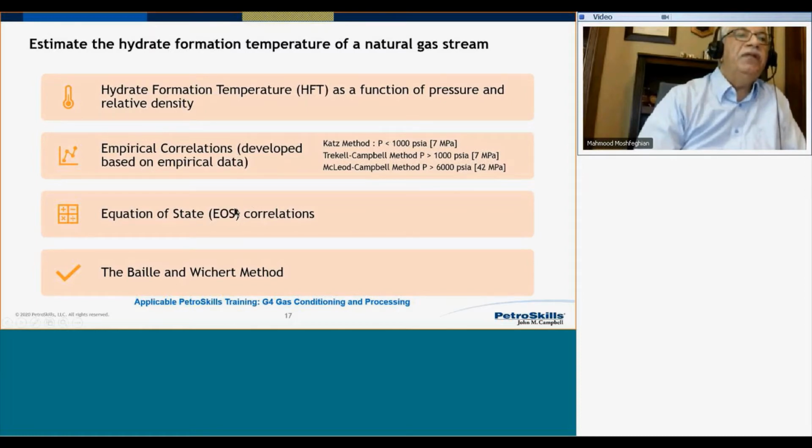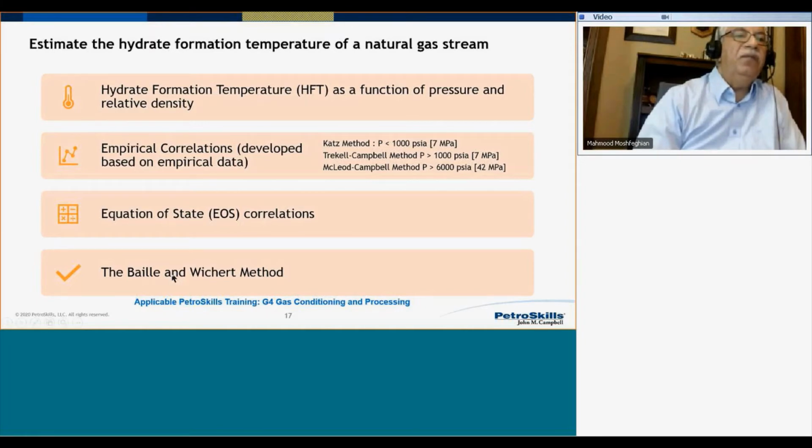The next process option is a rigorous method using equation of state, which is based on the equality of fugacity of each component in the vapor phase with the fugacity of the same component in the hydrate phase. This is a tedious calculation and requires computer programming. And the last method is the Baillie and Wichert method, which is normally used for sour gas systems containing H2S.